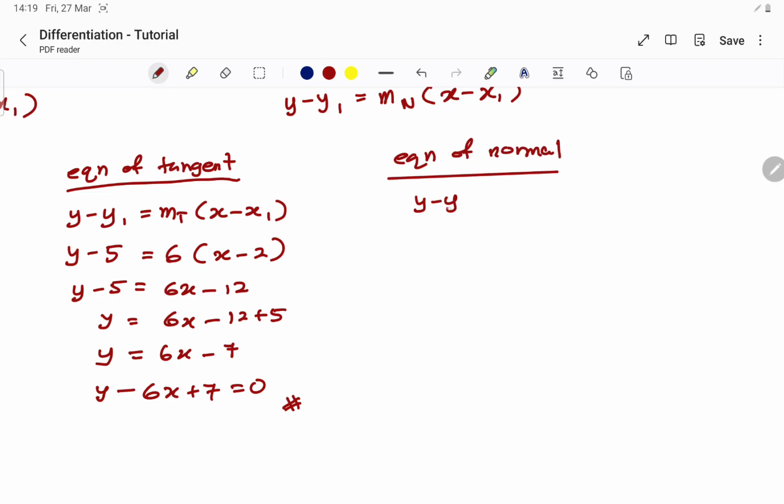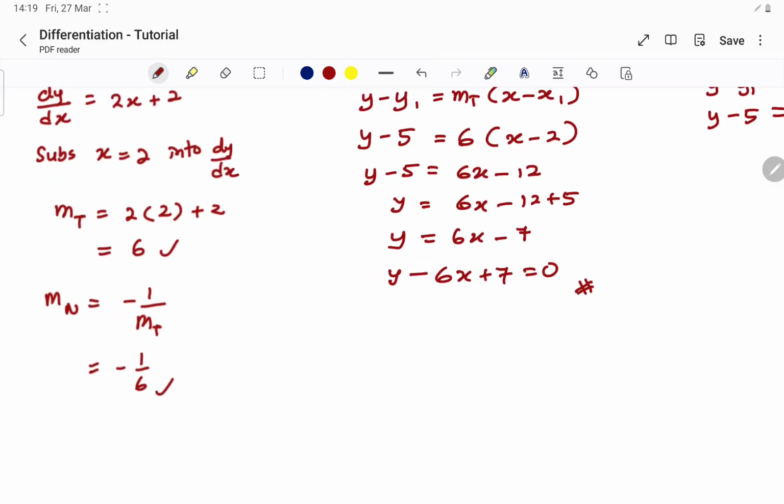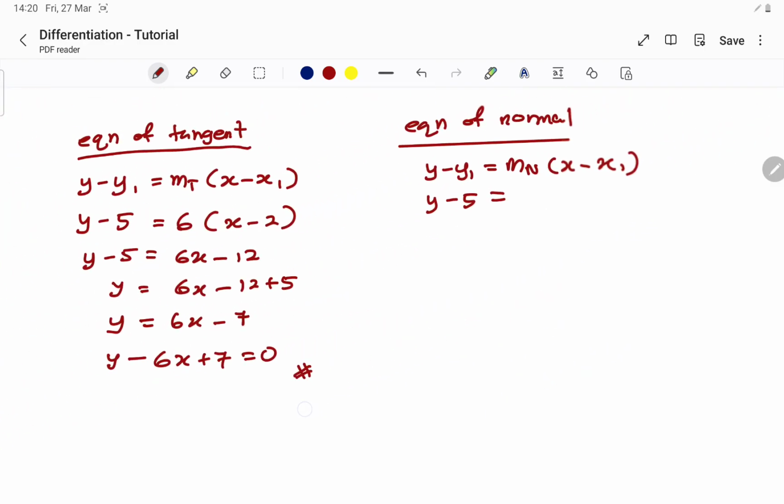Okay, you have y minus y1 equal to mn times x minus x1. Your y1 is equal to 5, mn is equal to negative 1 over 6. So you put negative 1 over 6, x minus x1 where x1 is equal to 2.